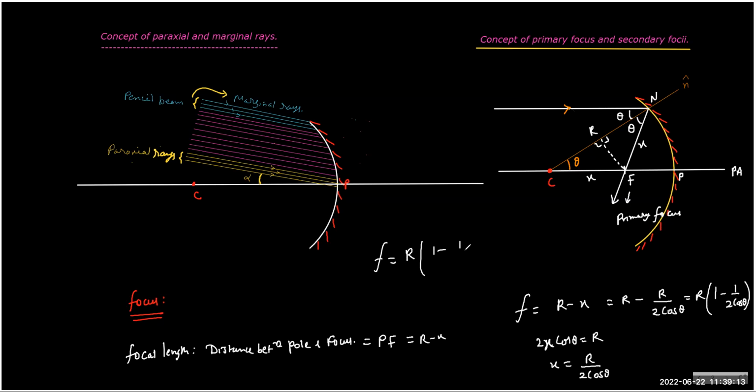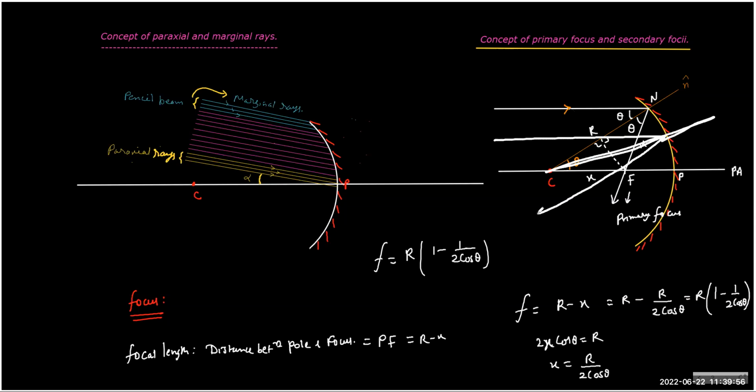Now the next question is, can we have a unique primary focus? The answer is no. Why? It depends on theta, and theta depends on where the light hits the mirror. If I draw a light ray somewhere here, will this be a small angle or a big angle? Small angle, so the focus will change. If you draw the normal like this, the light ray will go like this.